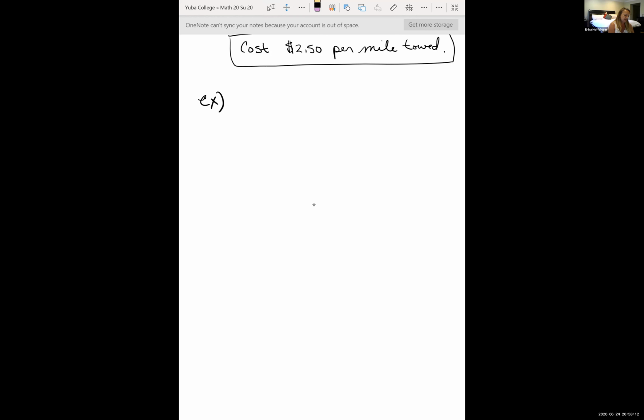Okay, so suppose that the quantity supplied, S, and the quantity demanded, D, of hot dogs at a baseball game are given as the following functions.